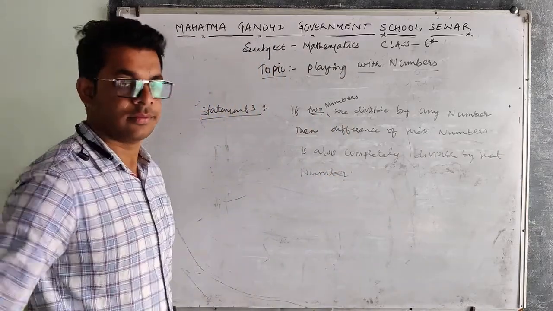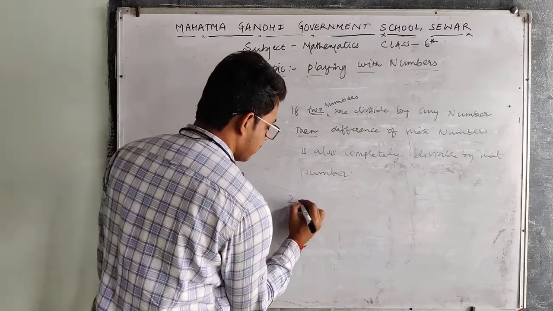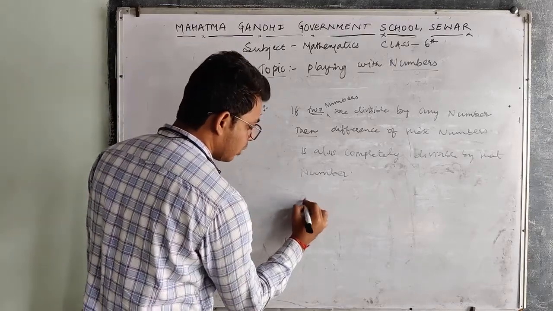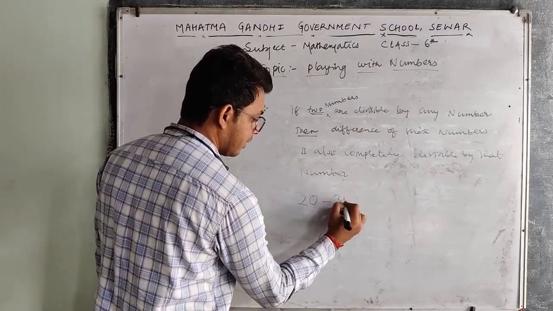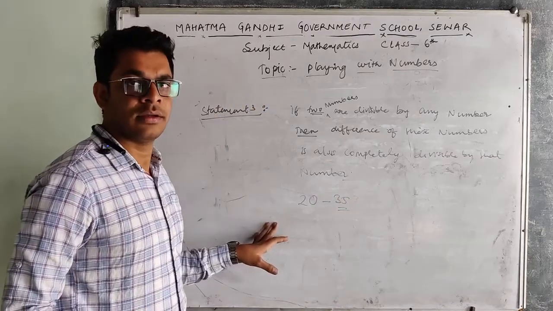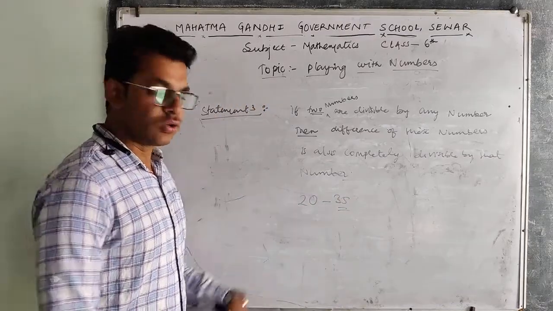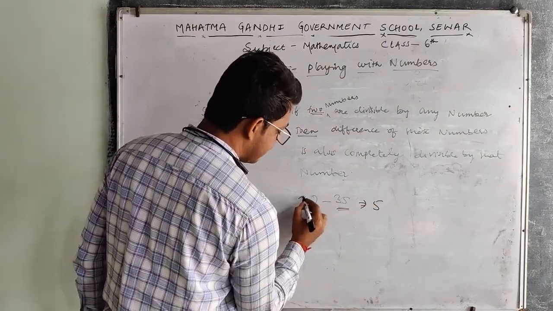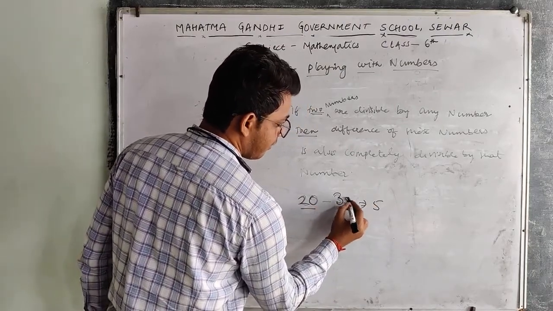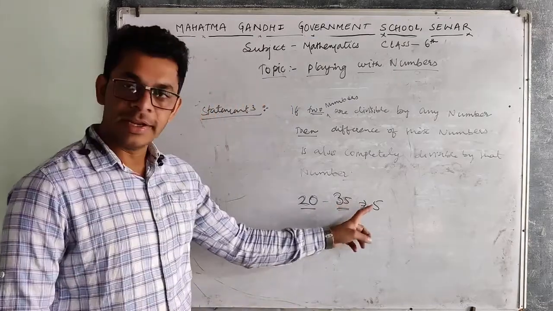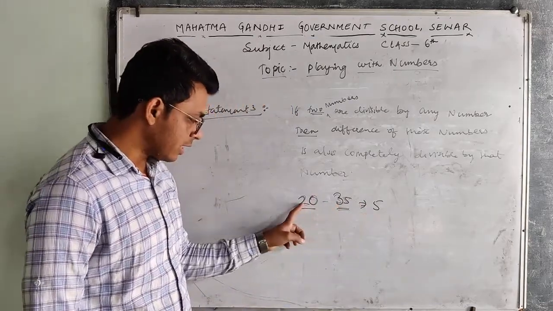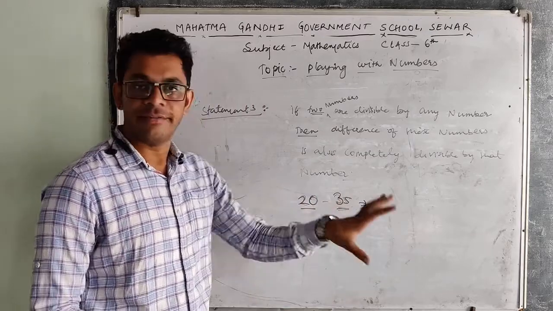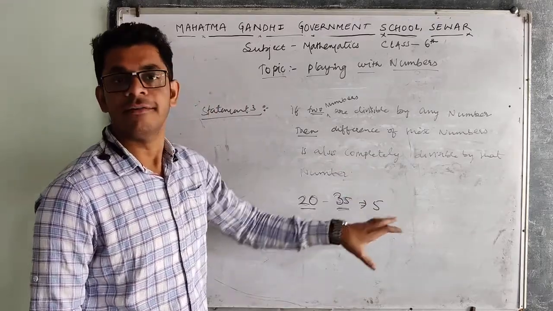How? I write two numbers, 20 and 35. These are divisible by 5. If we divide these numbers individually, they are completely divisible by 5.